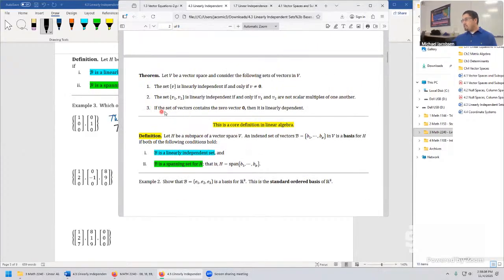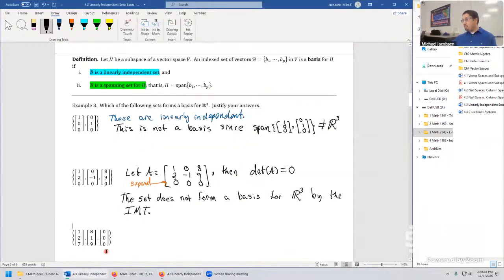And it says if the set of vectors contains a 0 vector, it's automatically a linearly dependent set. So that's a dependent set here by virtue of having the 0 vector. It means it can't form a basis because we lost that first part. The set is not independent. So that's another way to answer this one, just directly through the definition and through related theorems of independence.